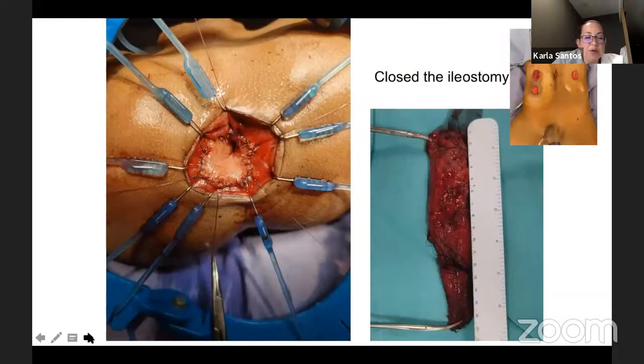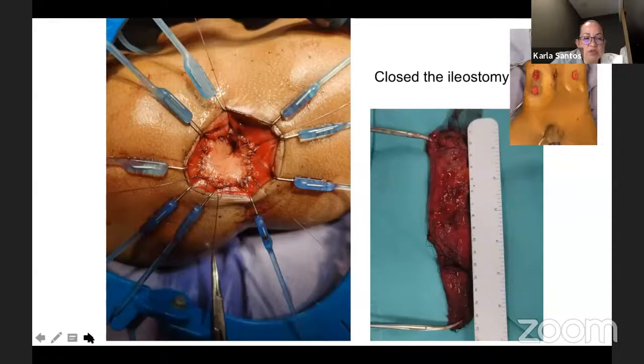The proximal descending colon was pulled through and anastomosed to the distal native rectum through laparotomy. The anastomosis was made with interrupted Vicryl sutures. The resected segment was 17 centimeters long, including the rectum and the distal colon.